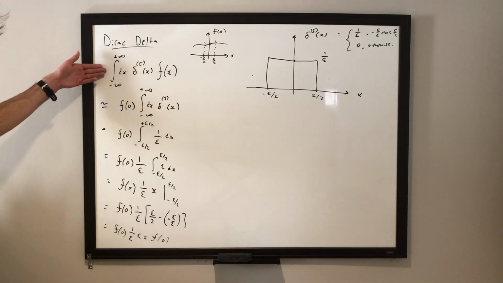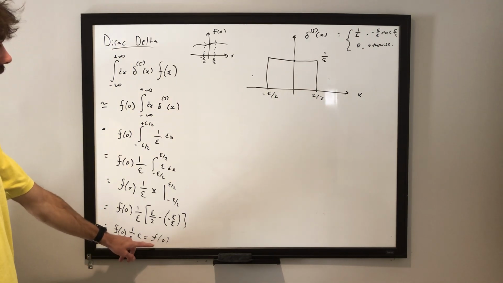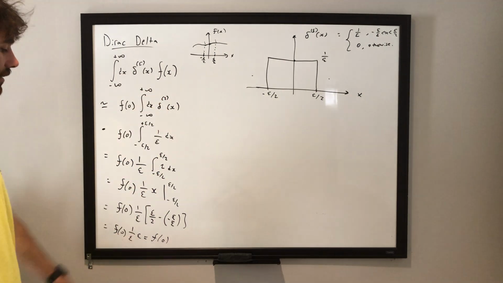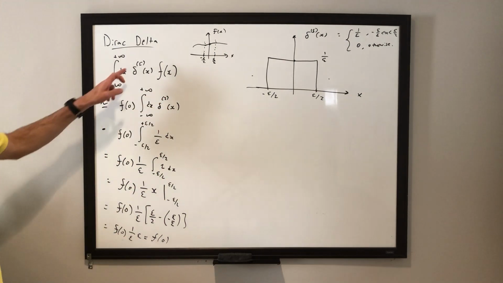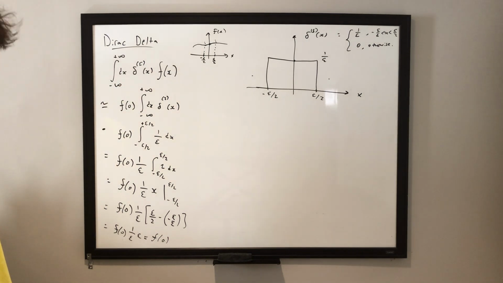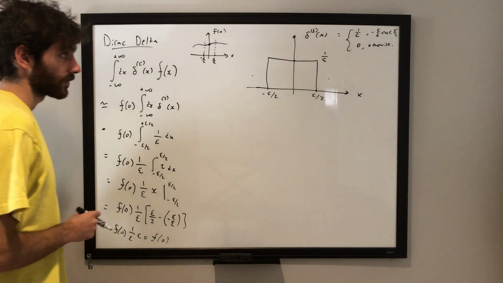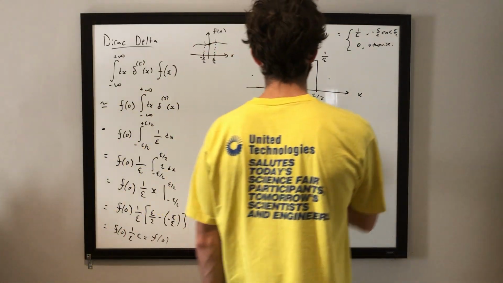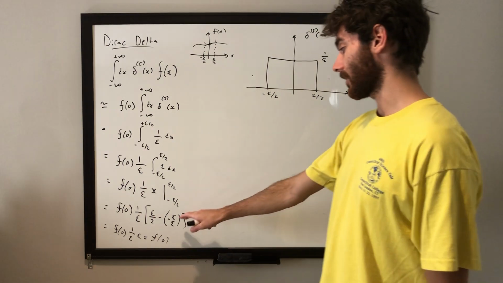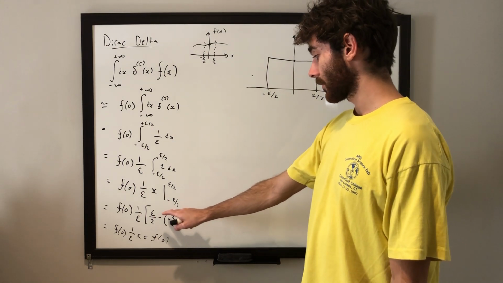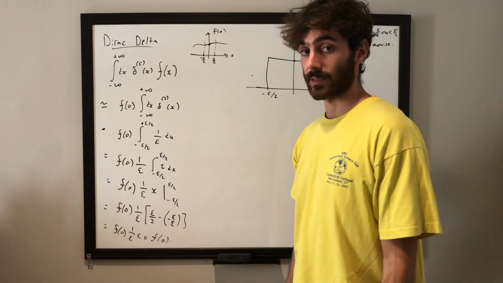So the result of this integral is just the value of the function f evaluated at x equals 0, provided that epsilon is very small, so that we can make this approximation here. What we've done is effectively pluck out the value of f at 0. This function delta epsilon was constructed in exactly this way, such that the factor of epsilon doesn't come into play.